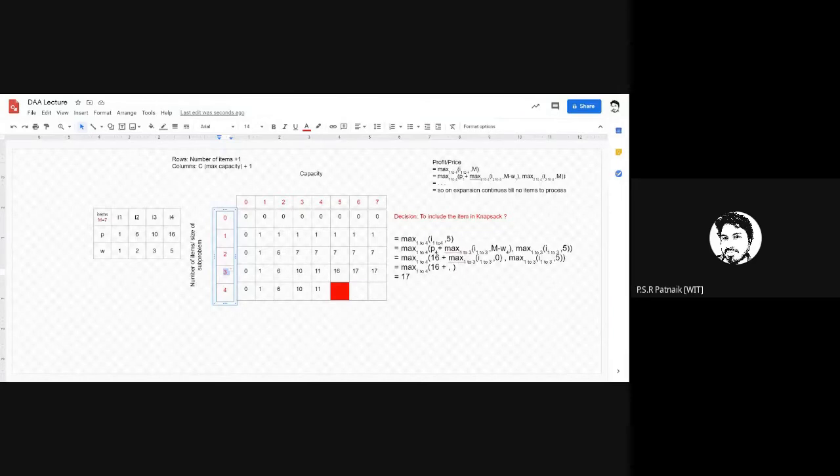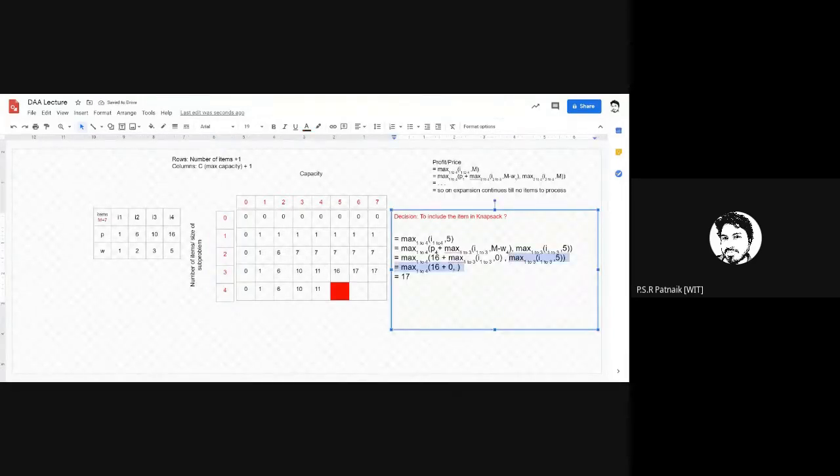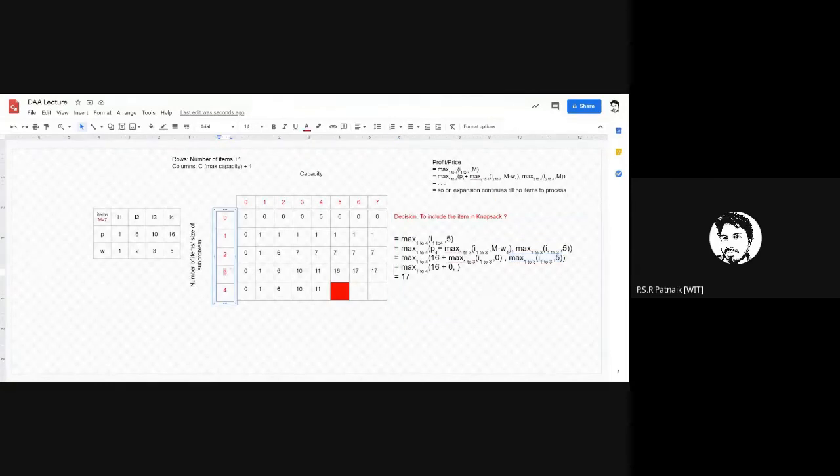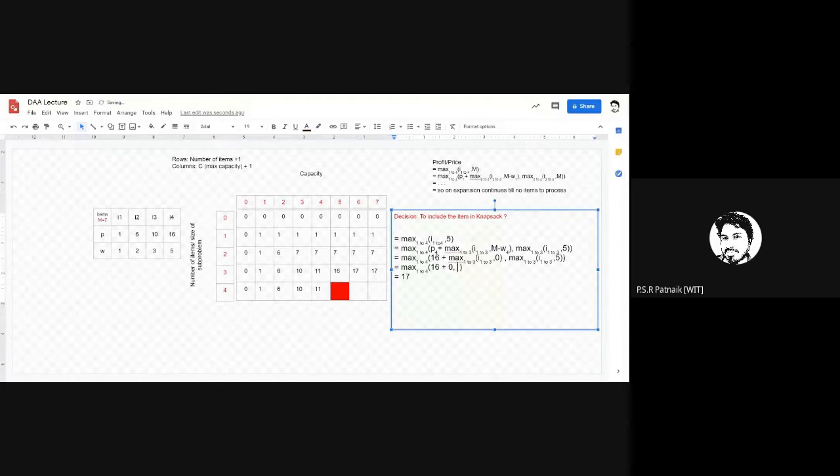What is the answer for that? 0. And what do you have for max profit when you have 3 items to process, sack capacity is 5? 16. What's the max? 16. You can just write it here as 16.